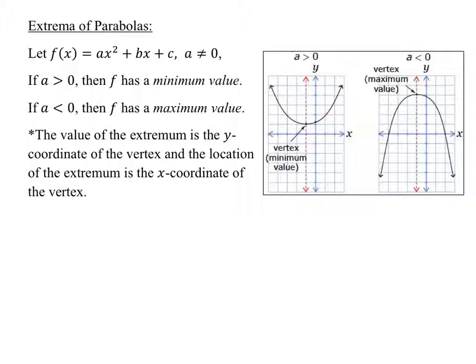How many cars would you want to produce to obtain the minimum cost? So the number of cars in this topic would be your x coordinate. And what would be the y value? The cost itself, yeah. So when you're looking for the value of the extremum, or the value of the minimum, you're looking for the cost in that scenario.